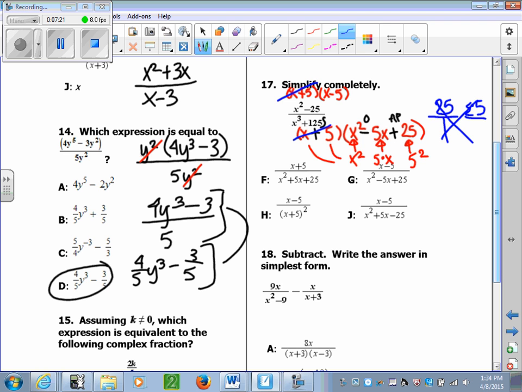So what I'm left with is, in my denominator, I have this x squared minus 5x plus 25, which came from this right here. And I'm also left over my numerator with this x minus 5 right there. Okay, so my answer is G.